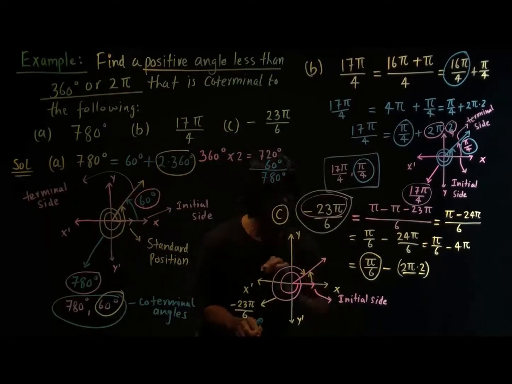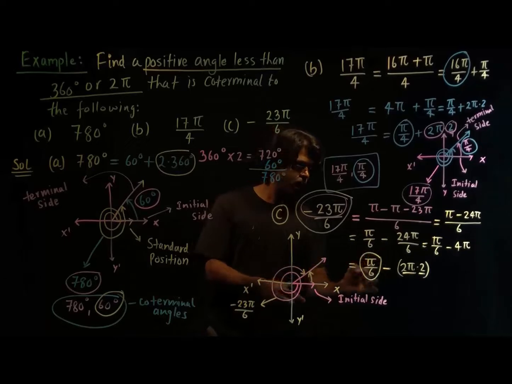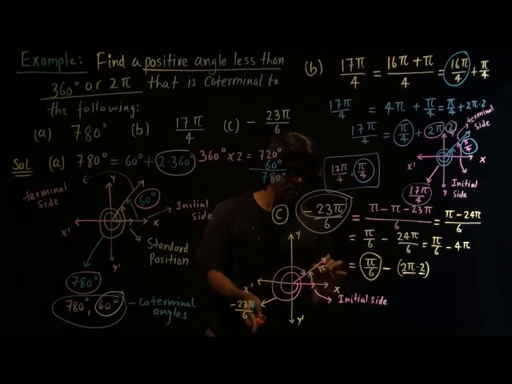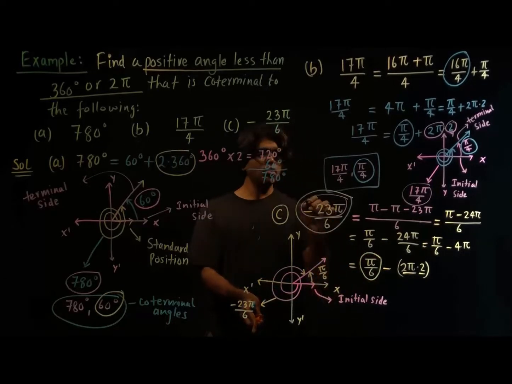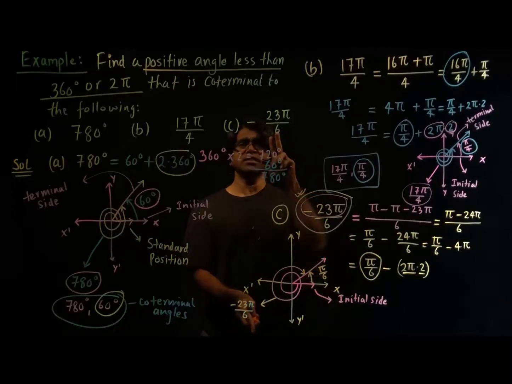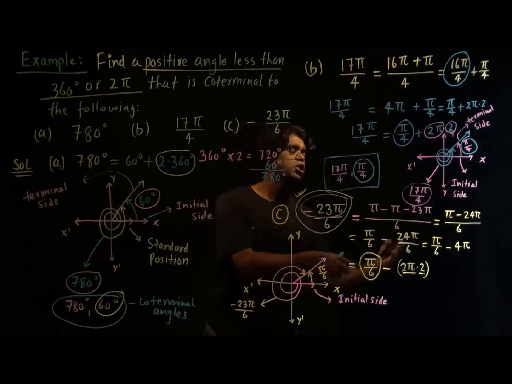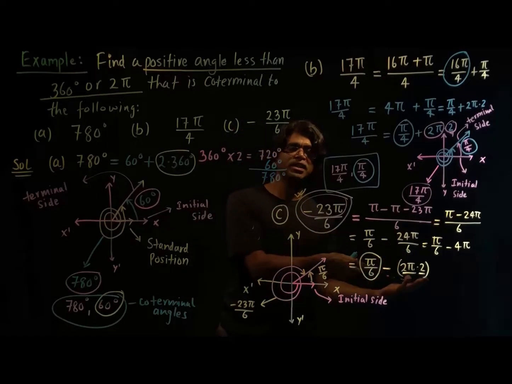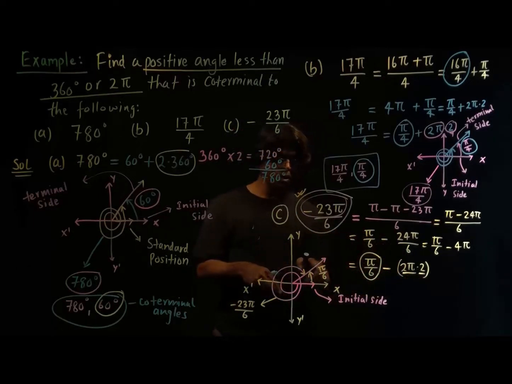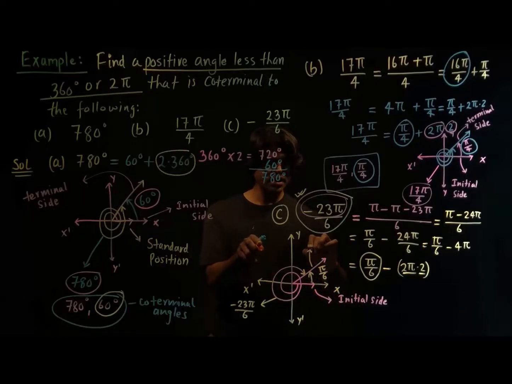This angle, which is what? Pi over 6. Because this angle is pi over 6 less than the second complete cycle, which totally gives us 4 pi. So pi over 6 is my angle that shares the same initial side and terminal side.